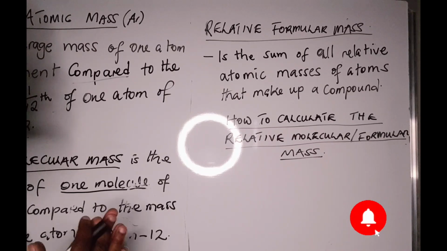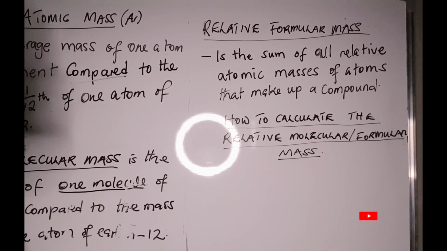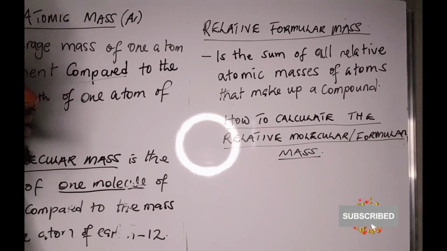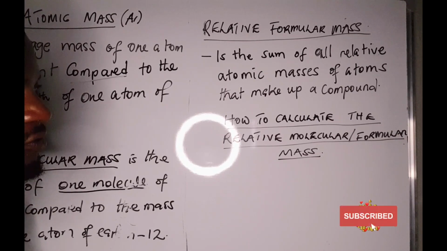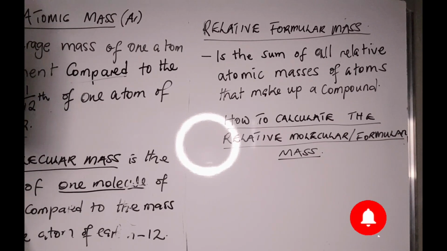So here, how do we find the sum of all the relative atomic masses of atoms present in a compound? That brings us to how we can calculate the relative formula mass or the relative molecular mass.